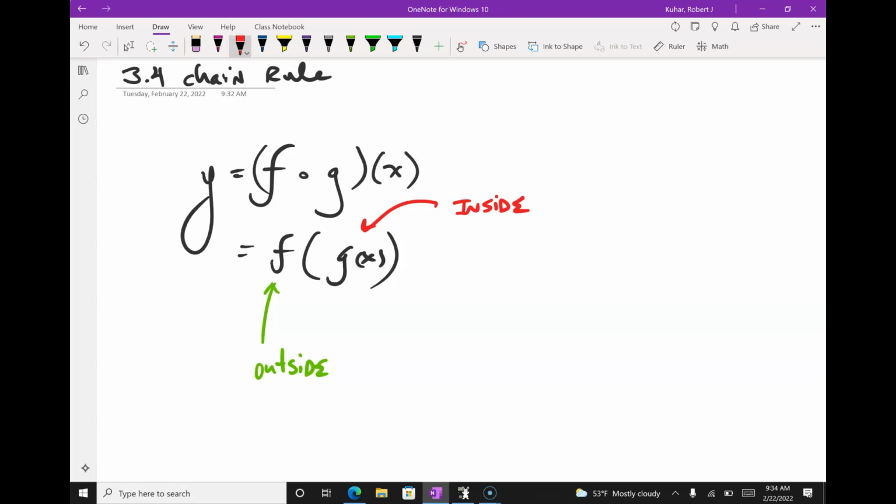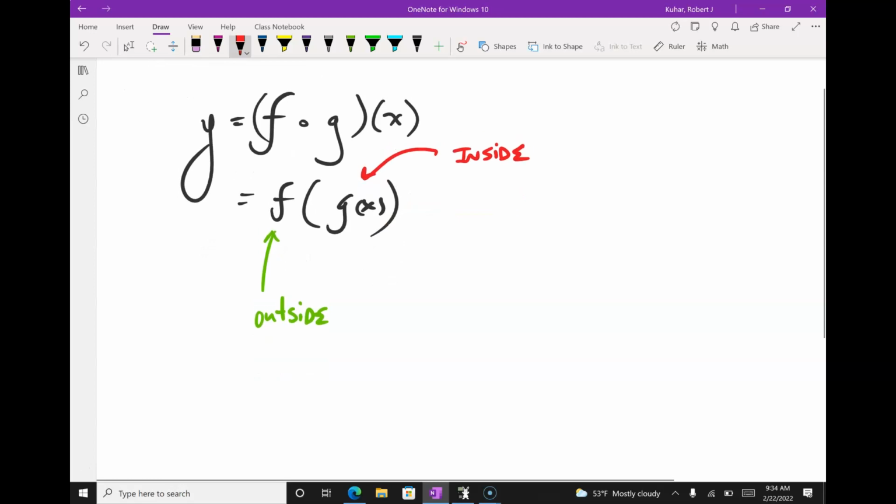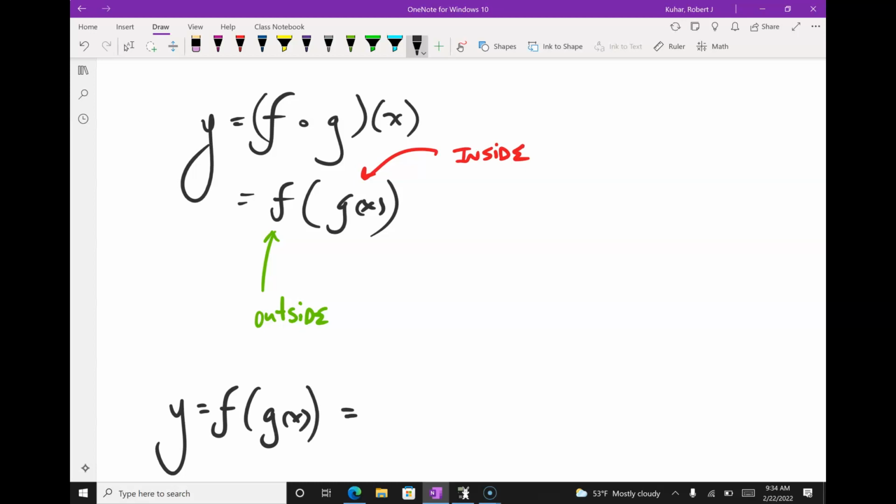So I'm talking about this composition of functions, and we got this chain rule here. If y equals f composed of g of x, then y prime is f prime of g of x times g prime of x.